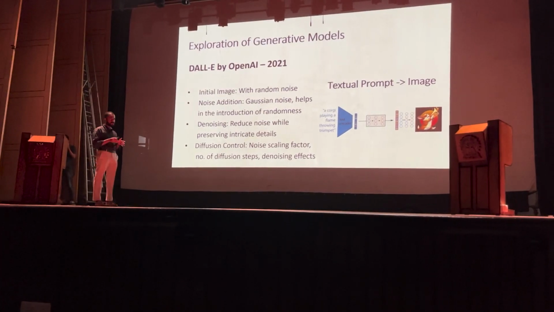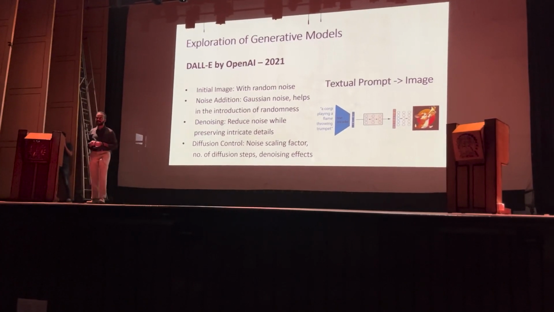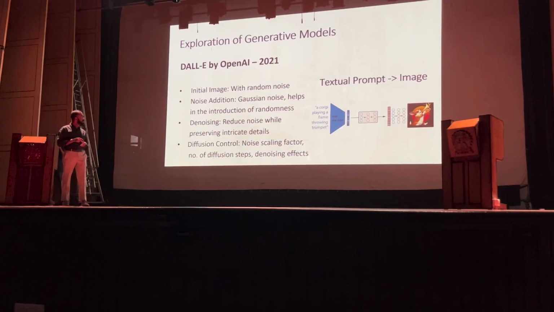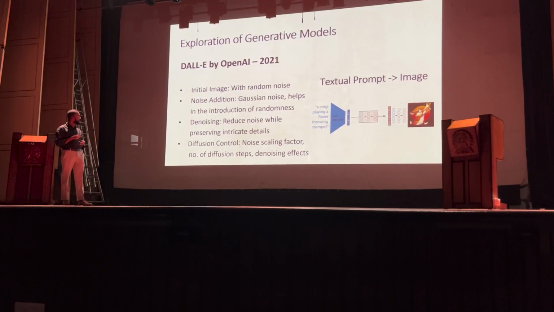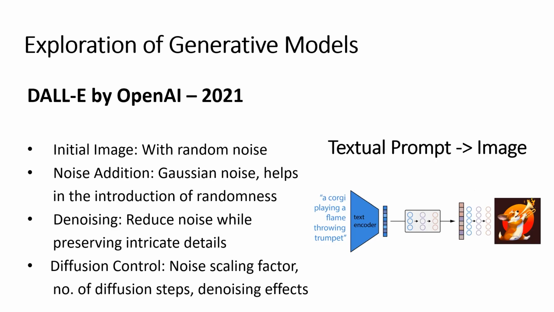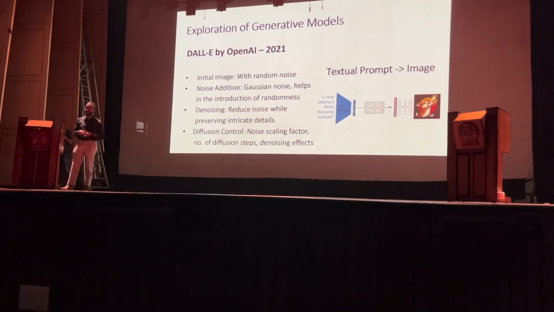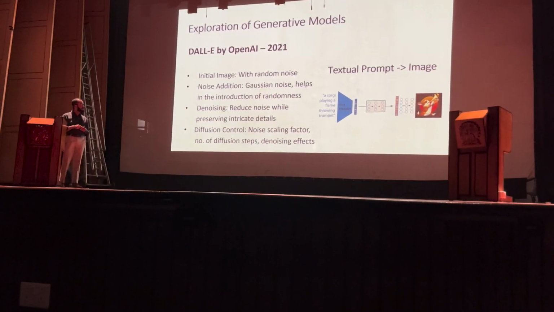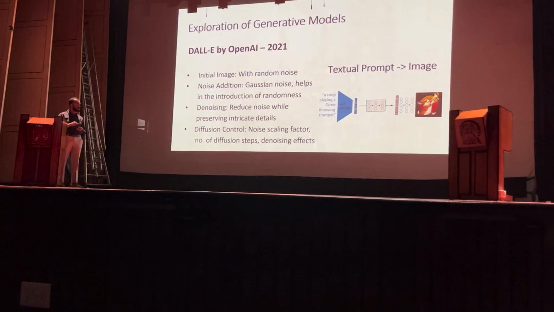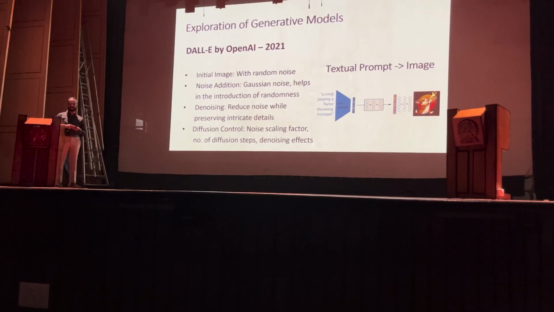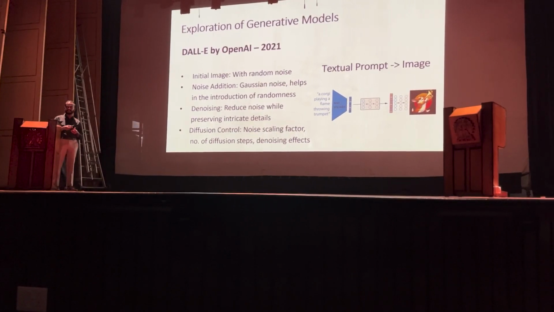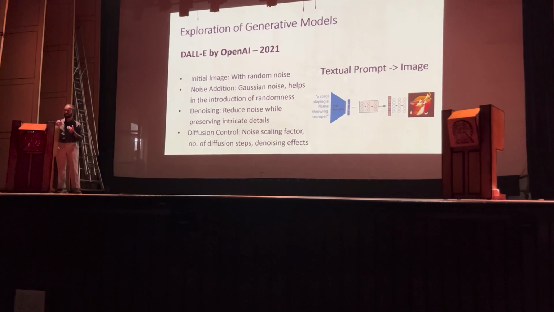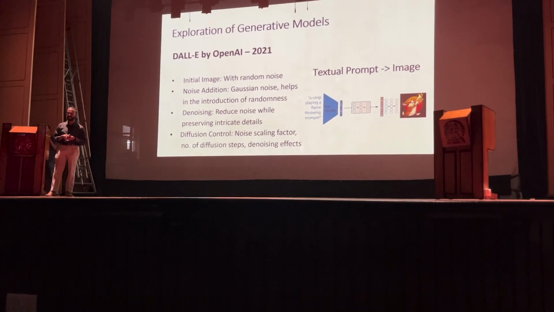Alright, so now we're getting into image generation. In 2021, there was this model called DALL-E, which was introduced by OpenAI. You can see that this is a text prompt to image kind of model. It takes in a text prompt as an input, and then it generates an image as an output.